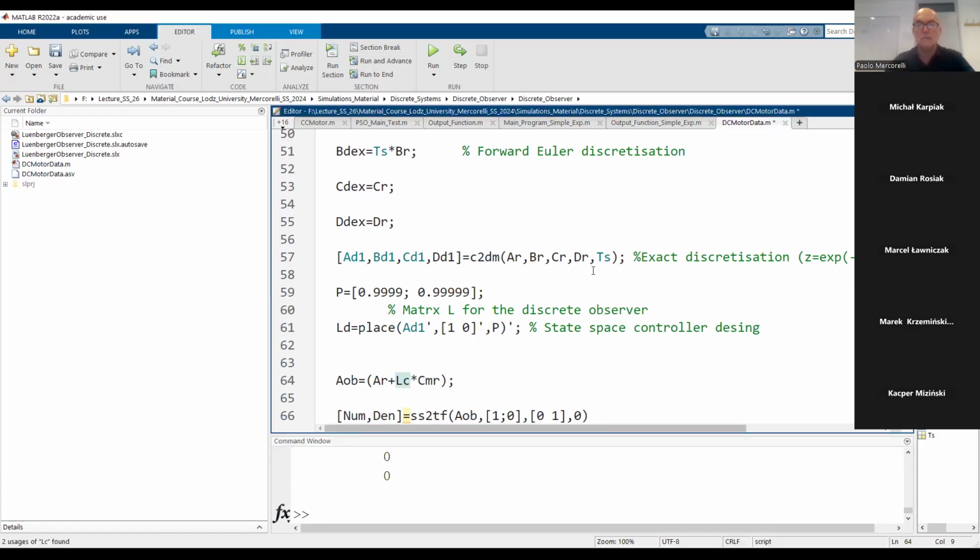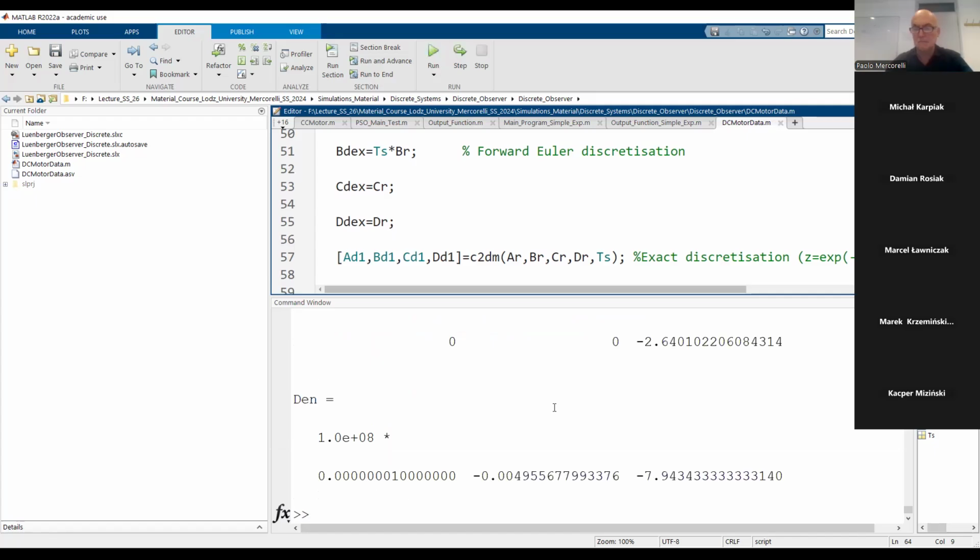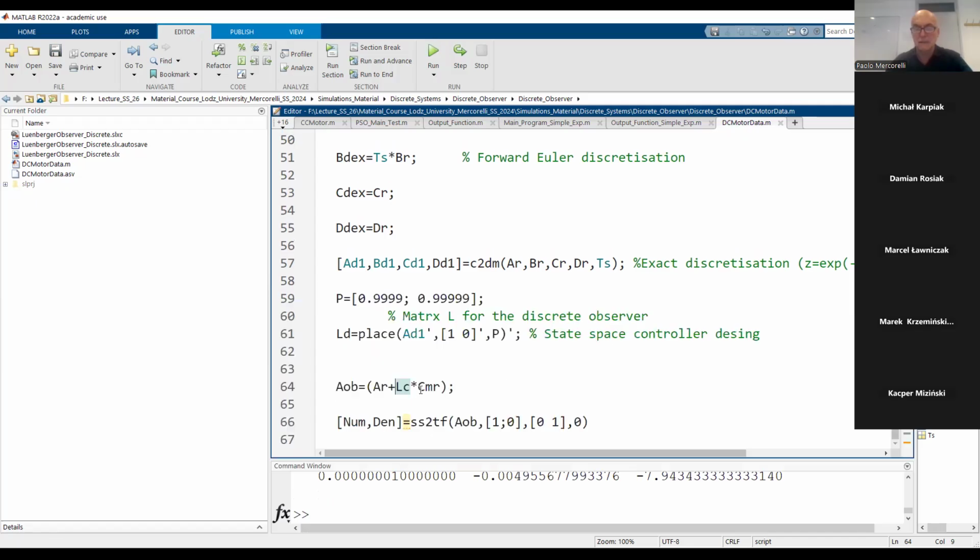Could be this is the problem. Let me see. No, this is totally wrong. Clearly.